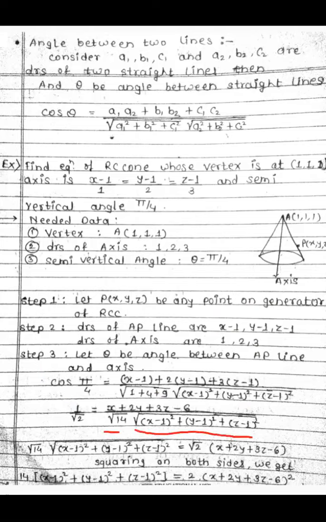Now to simplify this equation, you need to take the cross multiplication here. So take the cross product, and you will obtain this next step. Now open the bracket and square both sides. So now I have taken the square on both sides. Okay, student, up to this part is quite easy.